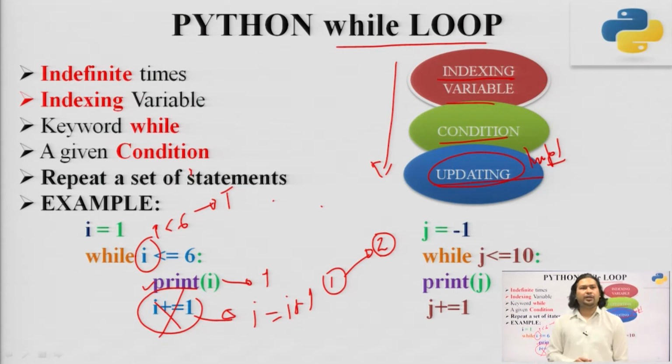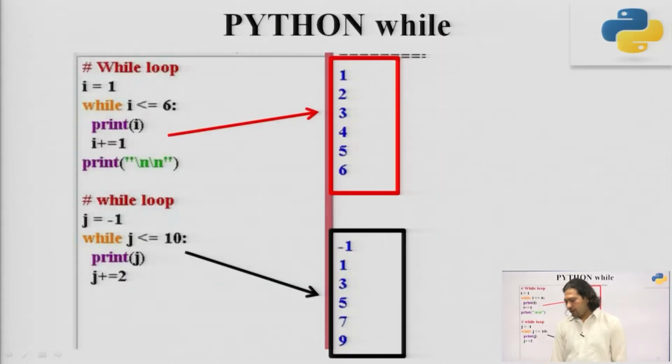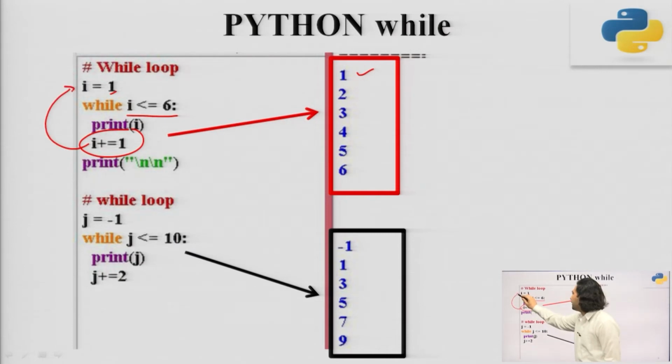If this statement is directly omitted from this while loop, it becomes an indefinite loop. Now, here you can see the output, that when I is less than equal to 6 and 1 is less than equal to 6, it will deliver the output as 1, but with the help of this statement the I value is changing.